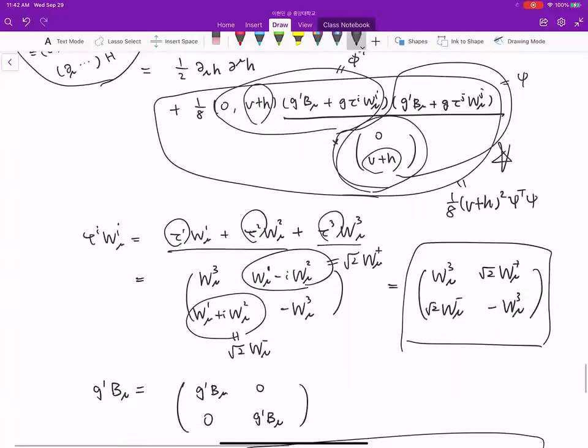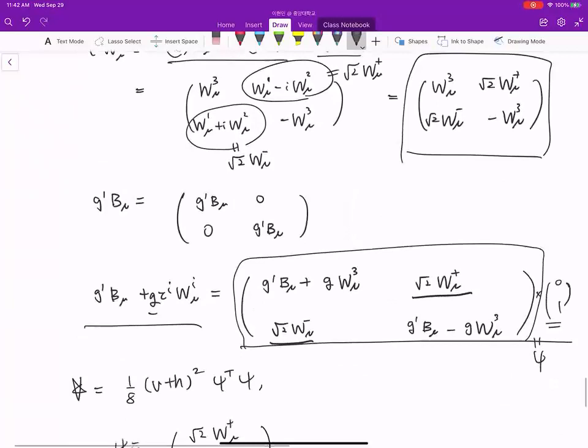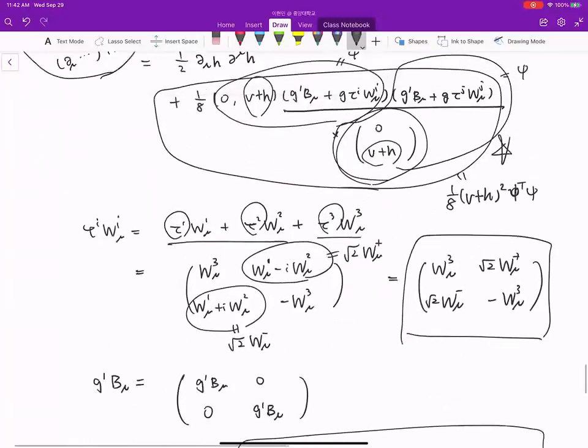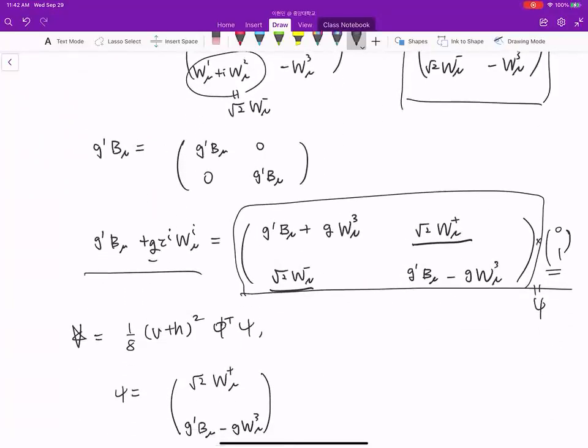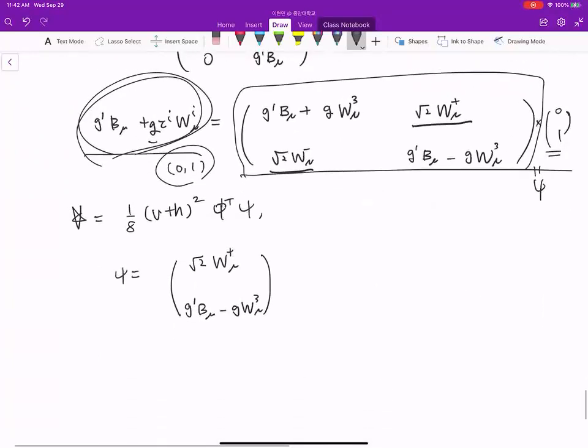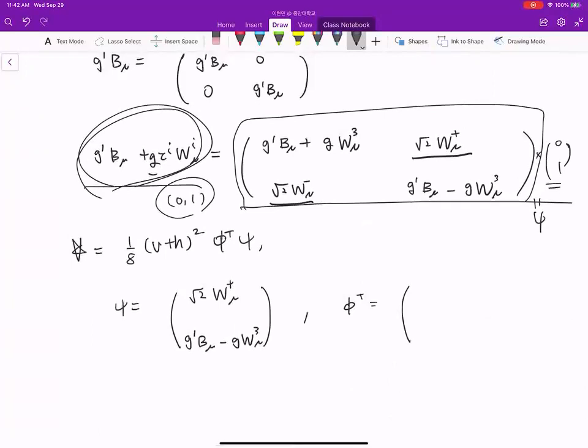In any case, if you multiply, there's another combination, another factor with this combination, multiplied by (0, 1), right?